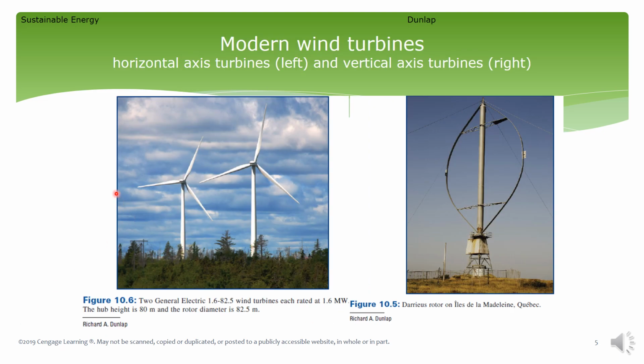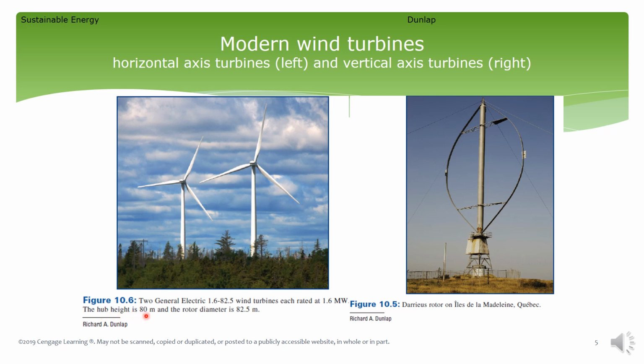This figure shows modern wind turbines. The left one is a horizontal axis turbine, and the right one is a vertical axis turbine. This figure shows two General Electric wind turbines, each rated at 1.6 megawatts.